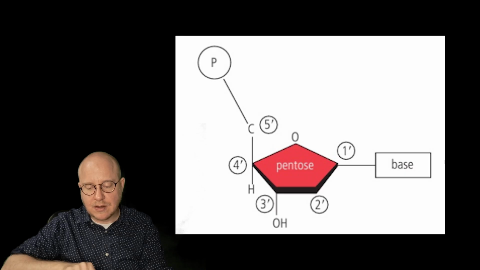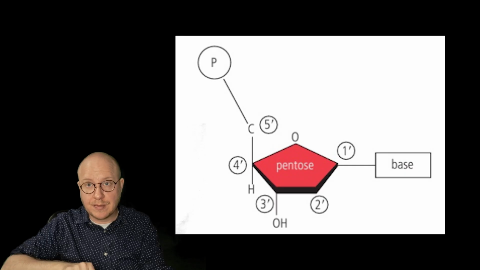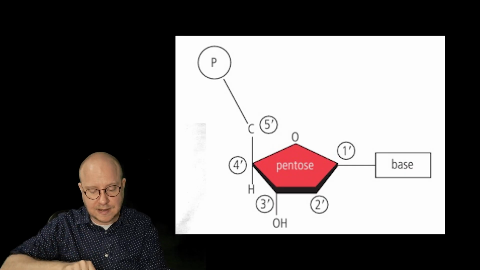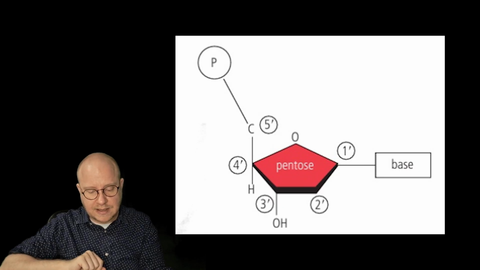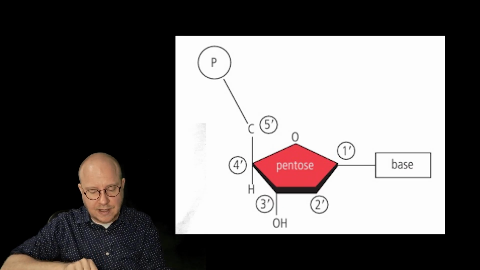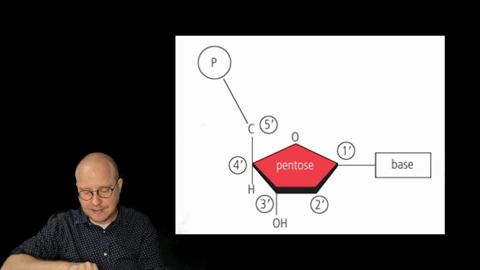You can see that the carbons each are given a number, 1', 2', 3', so that you know which carbon it is in the molecule. Each nucleotide is attached to the previous one by a phosphodiester bond. This produces a chain of DNA nucleotides.